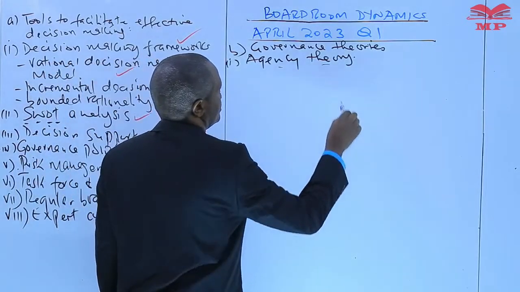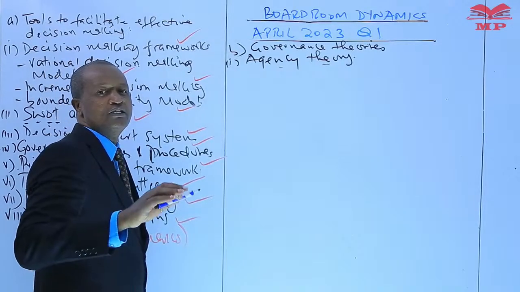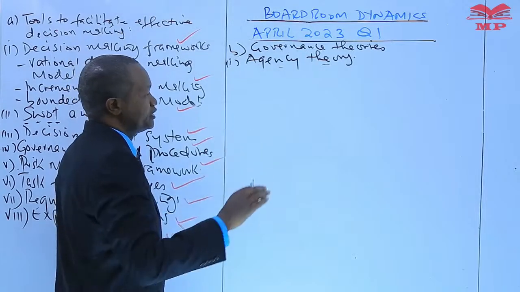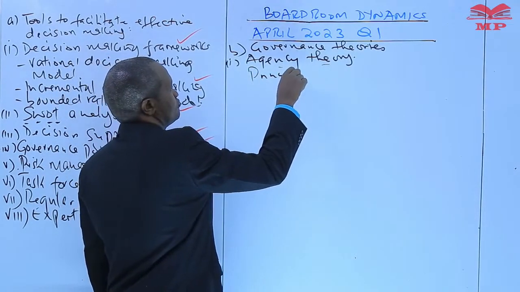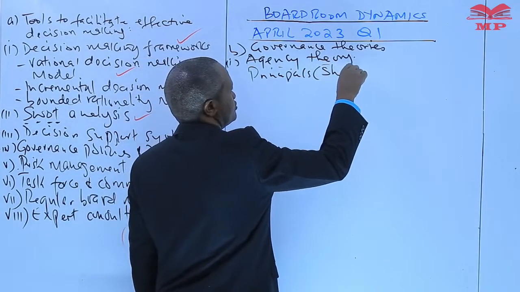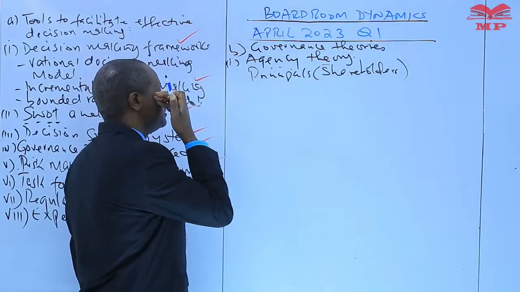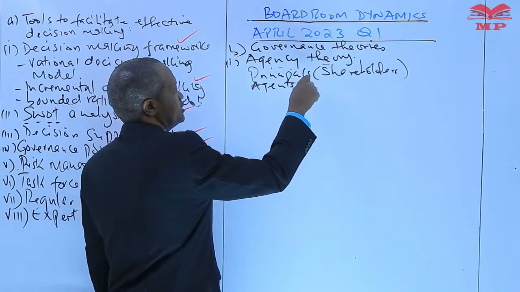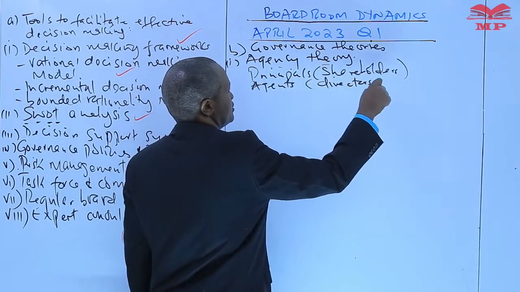Agency theory. I've said the theory examines the relationship between the principals, these are shareholders, and the agents, these are the directors or the managers.